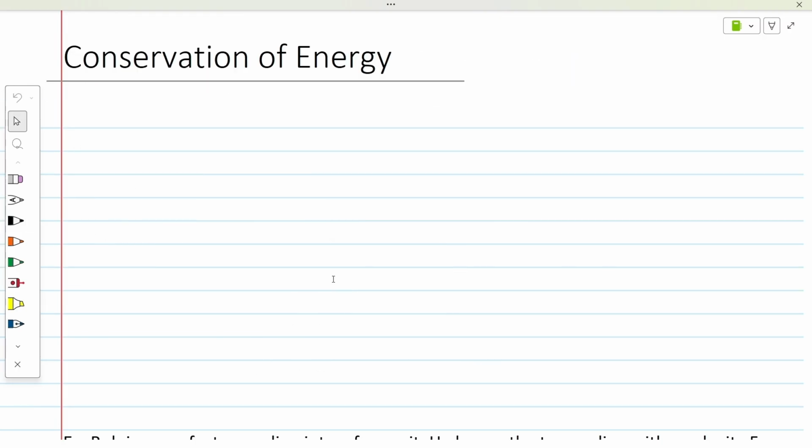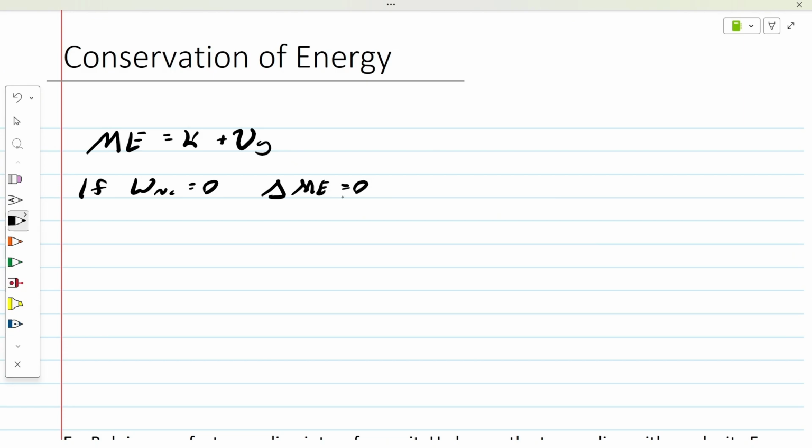Alright, so let's go over when we can apply conservation of energy. The main idea here is that the mechanical energy equals the kinetic energy plus the gravitational potential energy. That's the total energy. So if the work from non-conservative forces equals 0, then the change in mechanical energy will also equal 0.